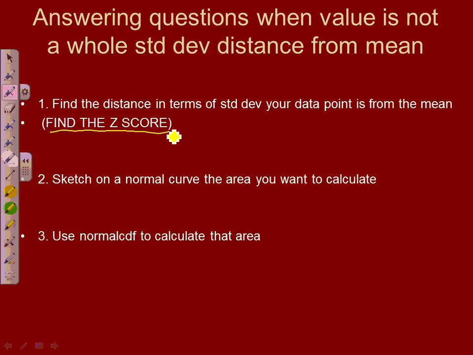Now, step 2, and this is what I always recommend to my students, we're going to sketch on the normal curve the area that we're going to try to calculate. Okay? And then the last step is we're going to use the normal CDF to calculate that area.